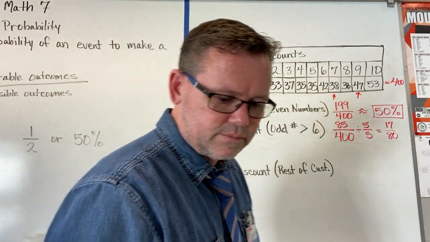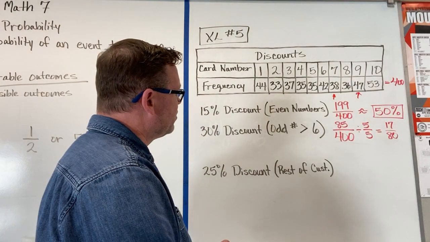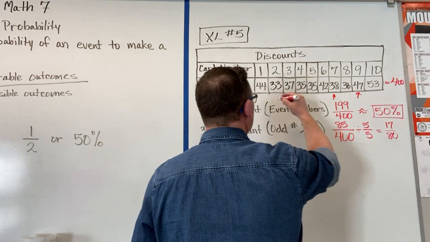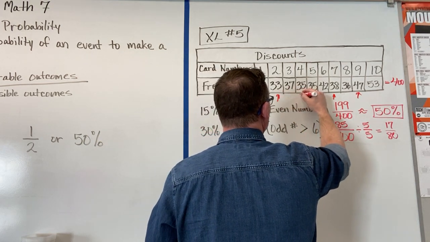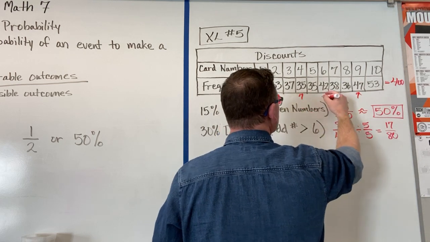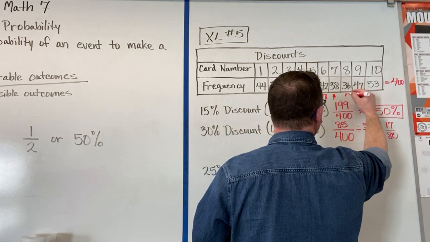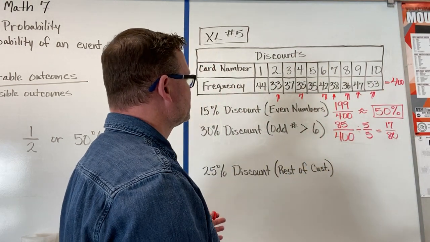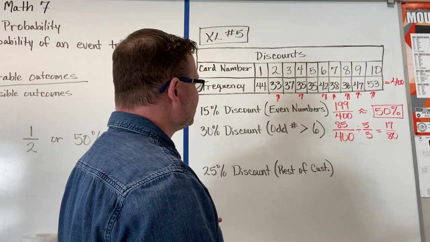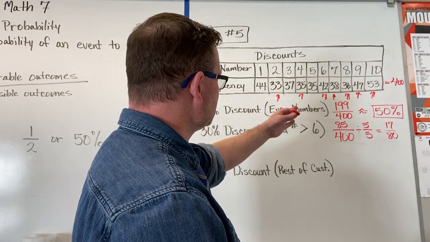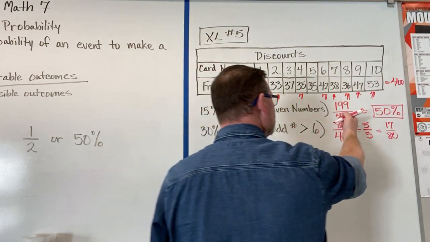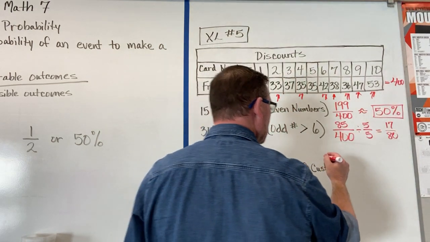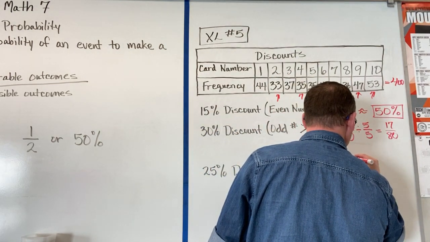All right, so the last one. We have a 25% discount for the rest of the customers, okay? So we used all the even, right? We used this, right? This, and this, okay? So the rest of the customers, okay, what I did was, instead of adding up these 3 that were left, I added these 2 together, which is 199 plus 85, which is 284 customers.